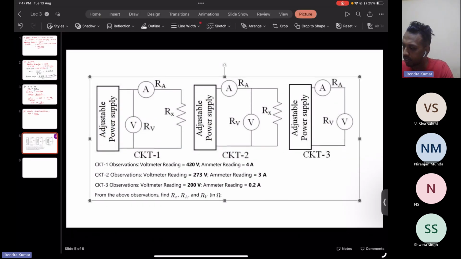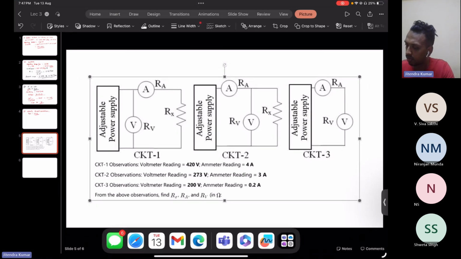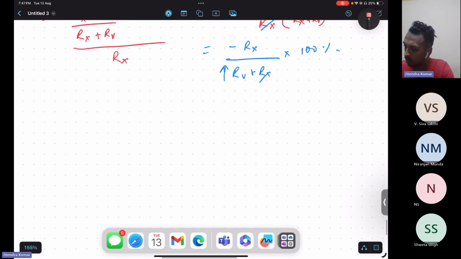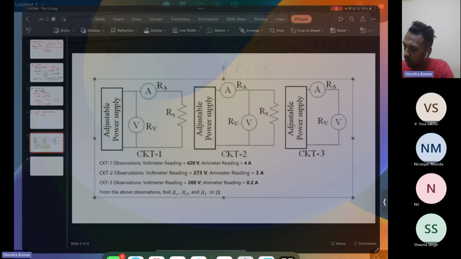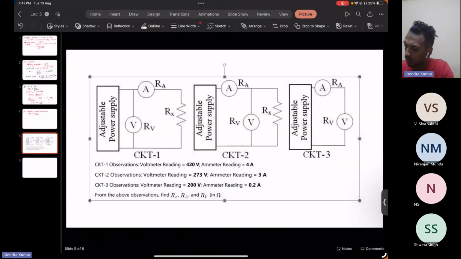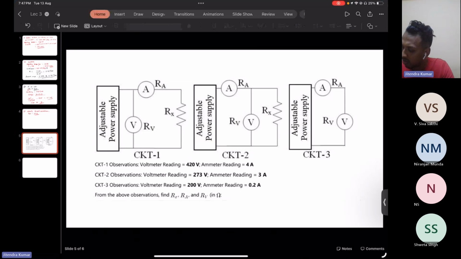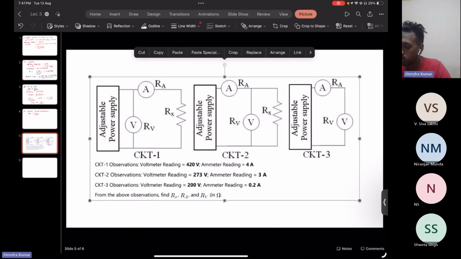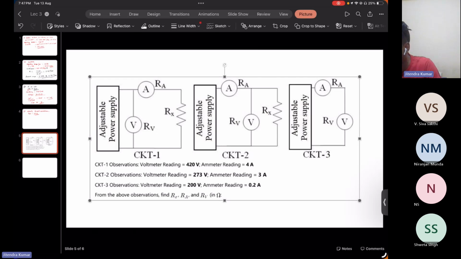So this is the circuit given. Here three circuit configurations are mentioned.